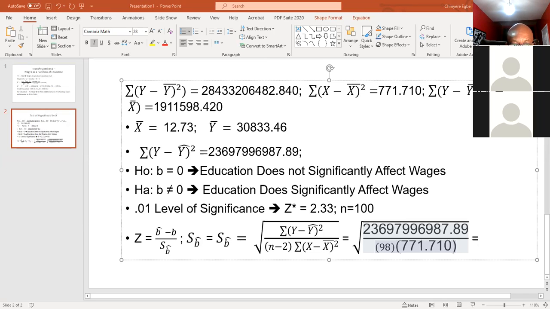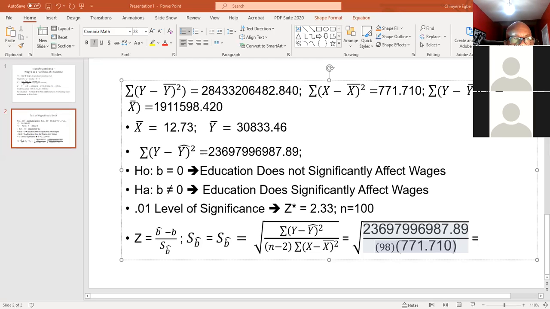Square root of 23697996987.89 divided by 98 times 771.710.